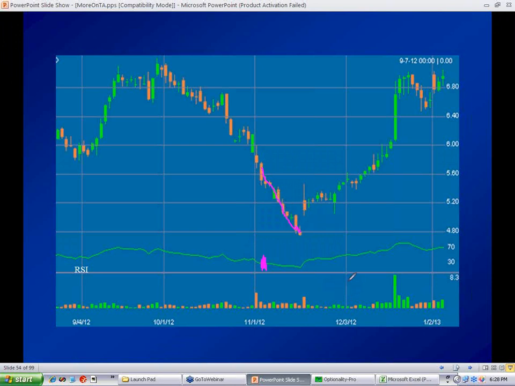Well, you can use the histogram like we showed a couple of minutes ago, but you can also look at the RSI itself. Notice that it's formed a V bottom right there. There is your setup. As soon as that oversold condition flips the other way, that's when you want to jump on board. And sure enough, it rallies. So RSI V bottom is very powerful.